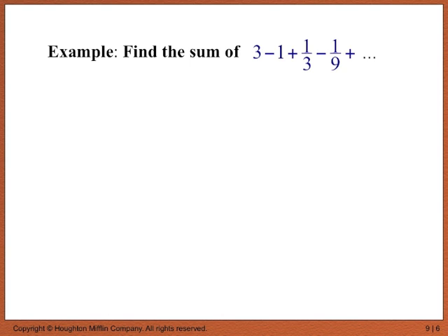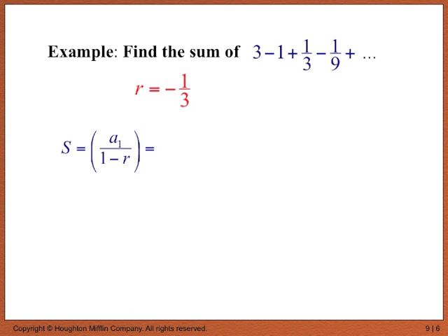All right, some of you who are fast probably saw this before I went through it: the common ratio we can get simply by looking at successive terms. Negative 1 divided by 3 is negative 1/3. 1/3 divided by negative 1 is negative 1/3. Negative 1/9 divided by 1/3 is negative 1/3, etc. So that's our common ratio.